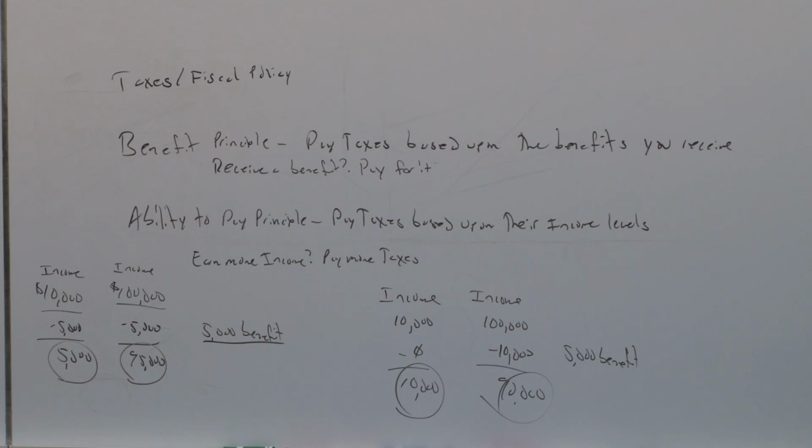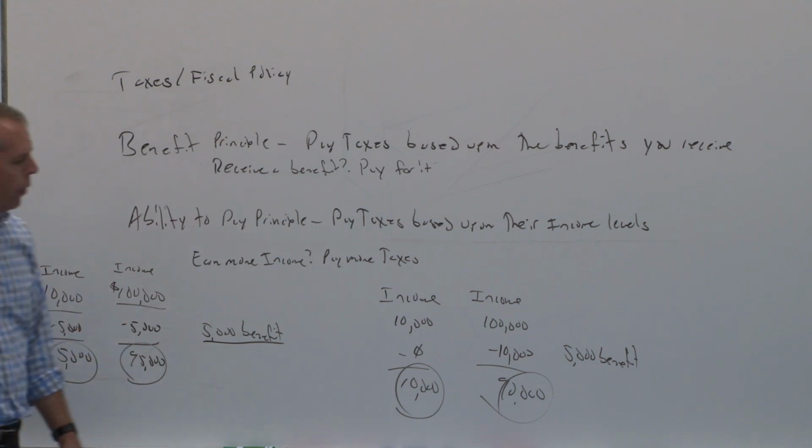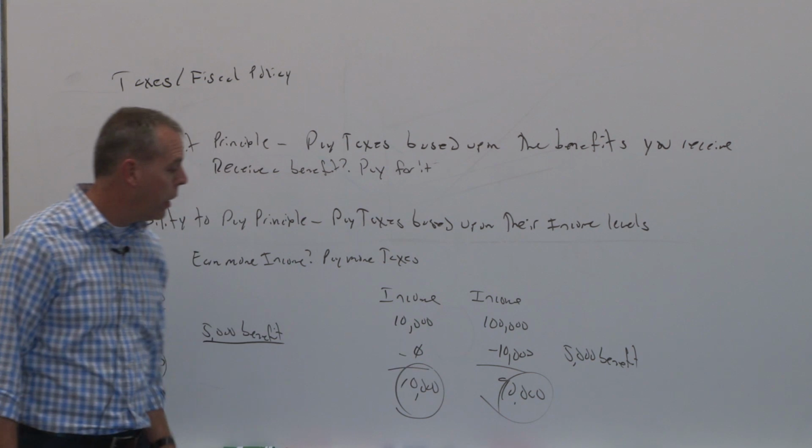It's a normative issue. Because if you earn more income, do you have more ability to pay taxes? Yes. Okay, this sounds pretty good. Should people get stuff without paying for it? Okay, this one sounds good. So what do we do? $5,000 for both? Or $10,000 for this guy?